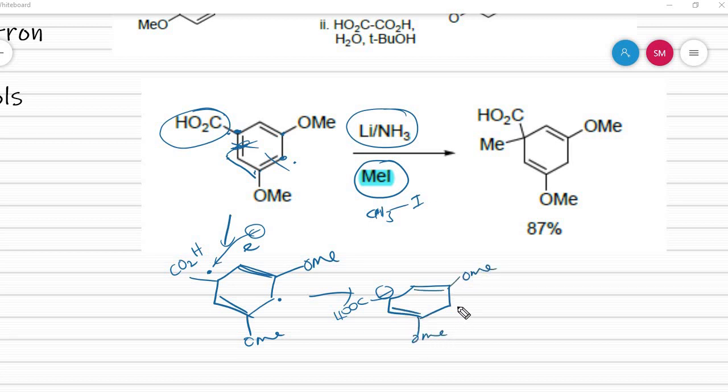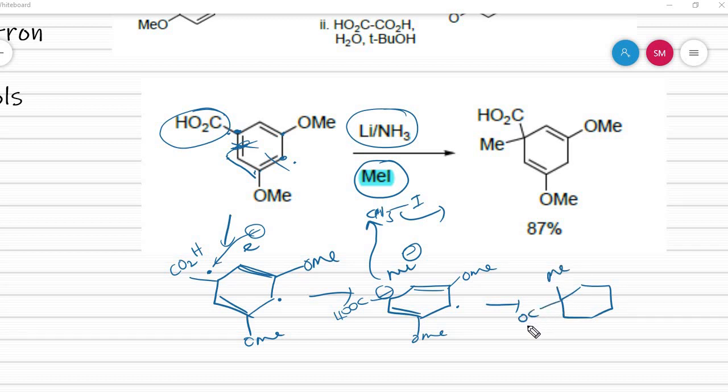But this system has an attackable partner, which is methyl iodide. This acts as a nucleophile, so it is going to attack the methyl iodide and substitute the iodide. Because of the nucleophilic attack, a substitution reaction takes place, and there will be a methyl here.